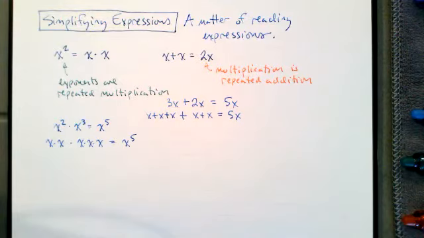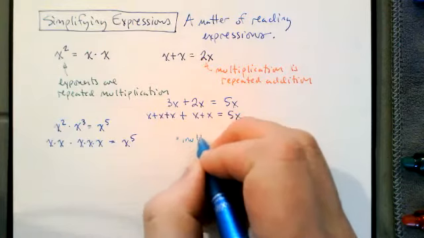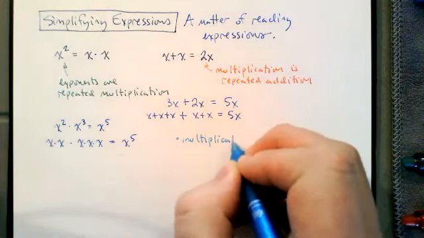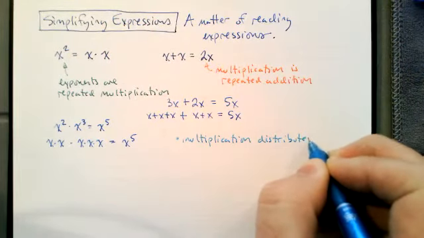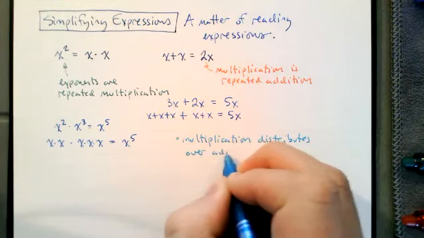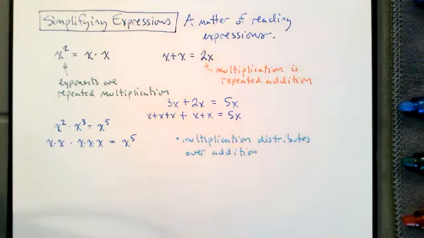So we just have to combine all these things together. The other things that we have to know is that multiplication distributes over addition and exponents distribute over multiplication.